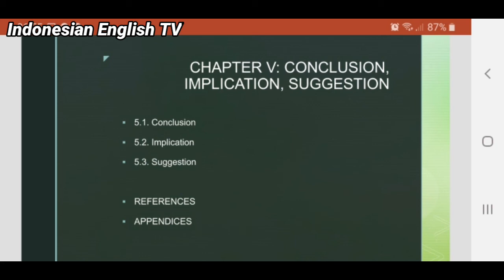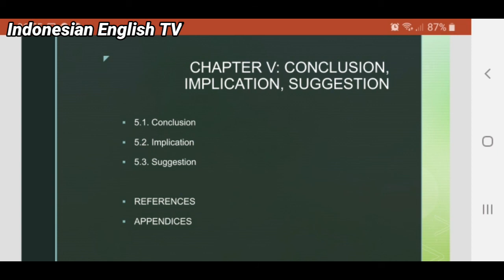To write what if the result of your thesis cannot be implemented in the field of education, and if it can be implemented in the field of education, so what will be the results of your thesis to influence the educational world in our city at least. This is the implication, the positive impact or maybe a negative impact of the results of your thesis. You have to write here in the implication.